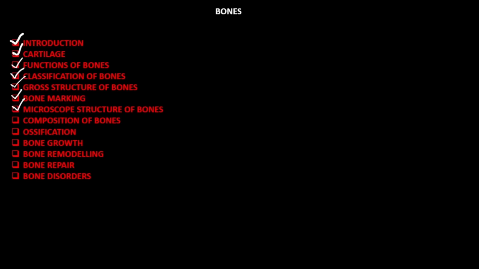Now, going by our outline, so far we have considered the composition of bones. The next thing we'll be considering is ossification. Ossification is also called osteogenesis, and it's simply the formation of bone tissues.